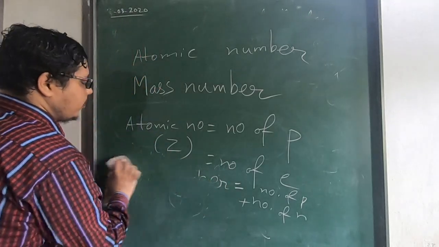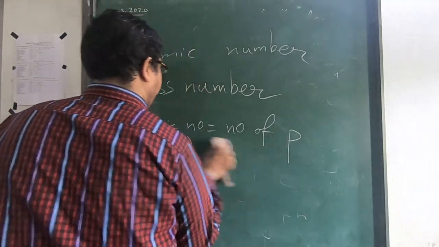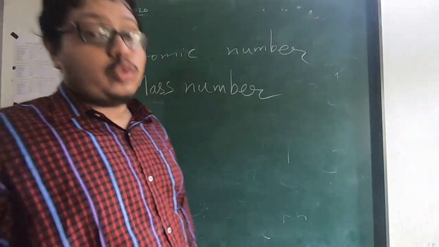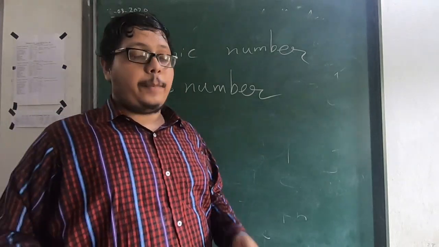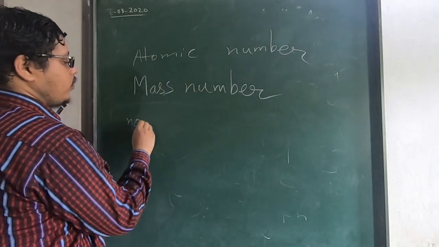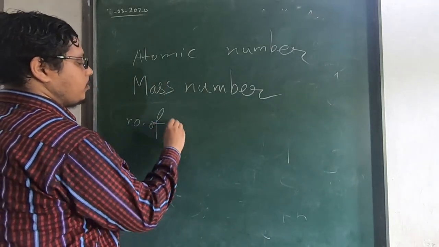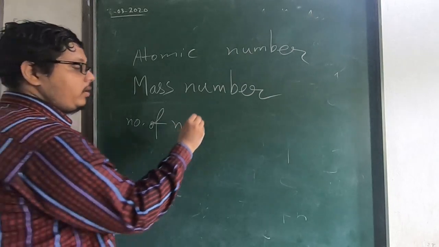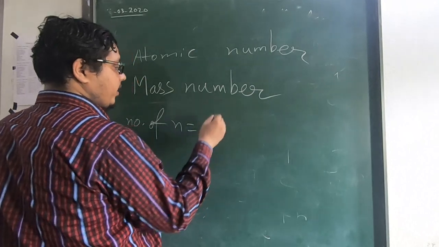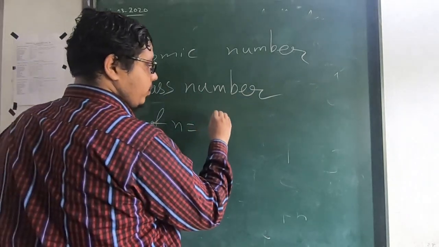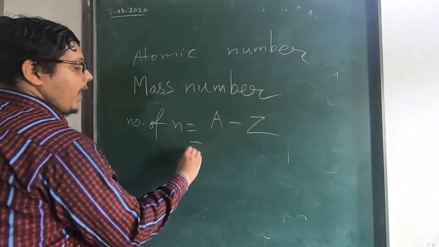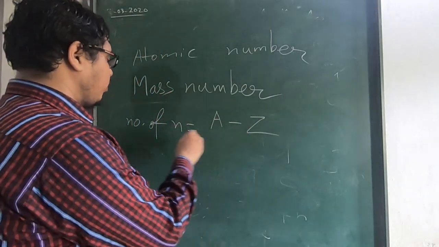Now, having known this, if we do not know the number of neutrons present in an atom, we can also find out the number of neutrons by subtracting the atomic number from the mass number. We take the mass number, and if we subtract the atomic number from it, we get the number of neutrons.